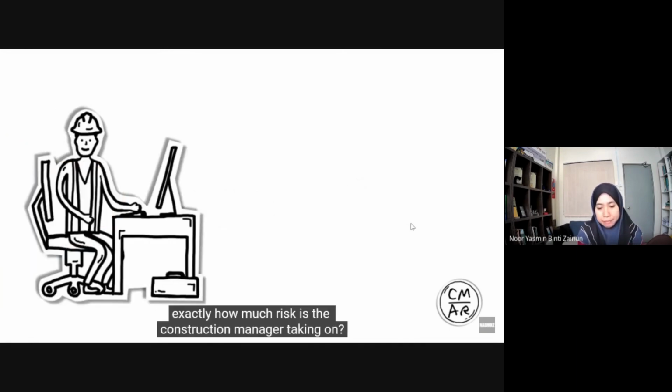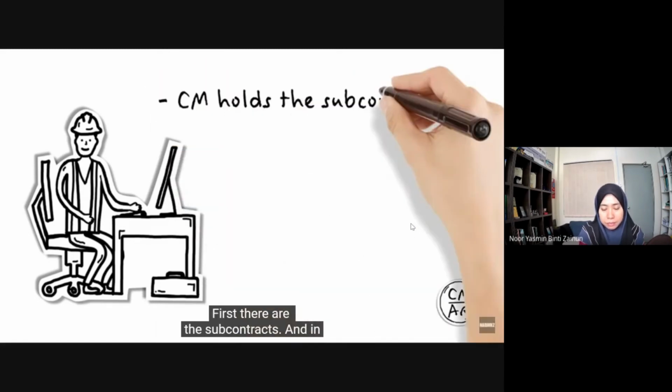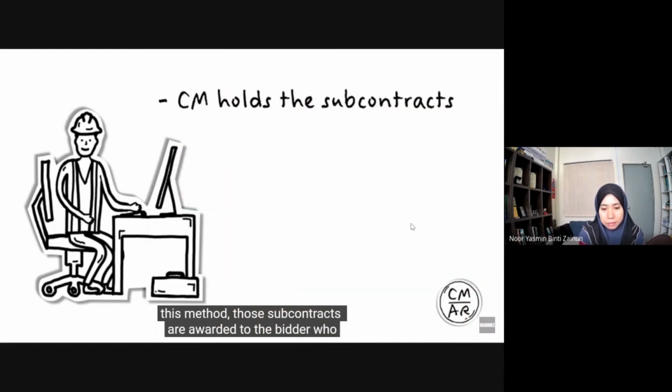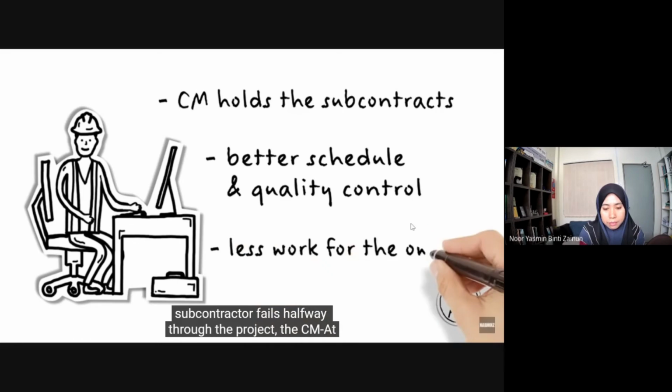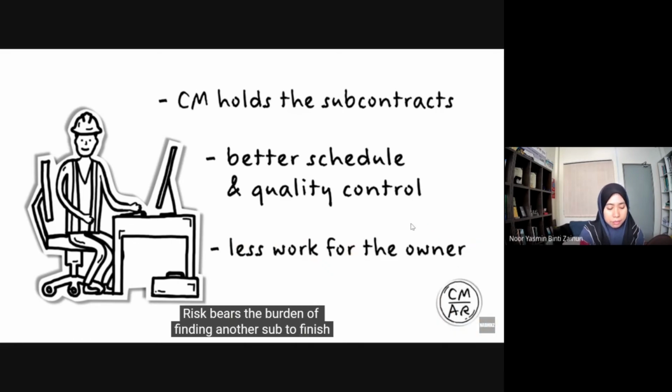So exactly how much risk is the construction manager taking on? First, there are the subcontracts. And in this method, those subcontracts are awarded to the bidder who provides the most value. Schedule and quality, along with price, are taken into consideration here. If a subcontractor fails halfway through the project, the CM at Risk bears the burden of finding another sub to finish the work.